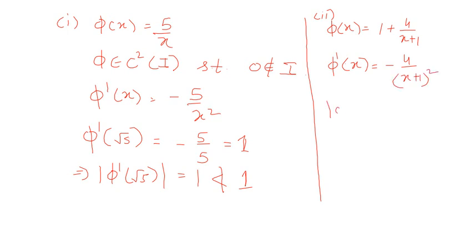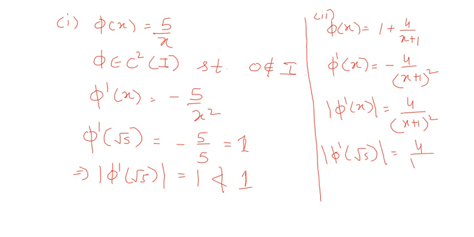Now mod of phi dash of root 5 is equal to 4 by 1 plus root 5 whole square. Certainly the denominator is more than 4, because root 5 is near about 2 point something, and 2 plus 1 is 3, 3 square is 9, so near about 9, so it will certainly be less than 1.